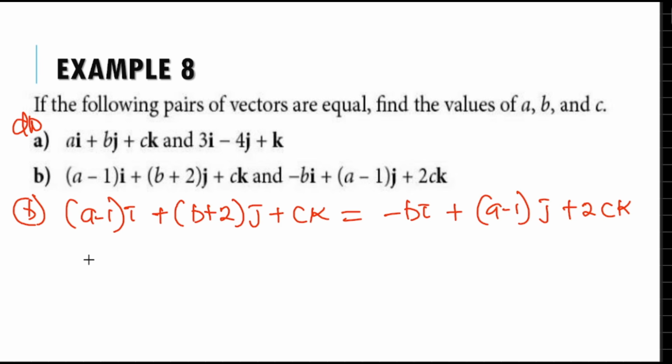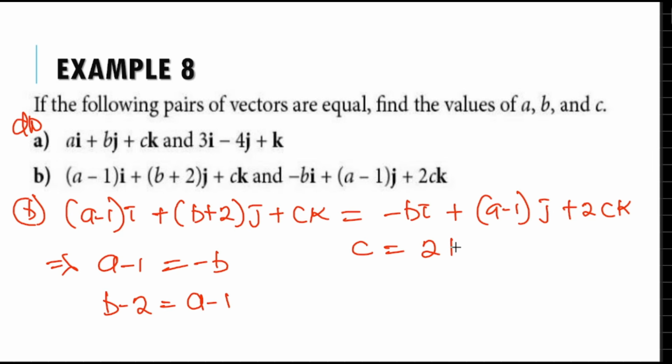Okay, so we are going to equate the components, i to i. The coefficient of i: a minus 1 will be equal to minus b. The coefficient of j: we have b minus 2 equals a minus 1. And the coefficient of k: we have c equals 2c.